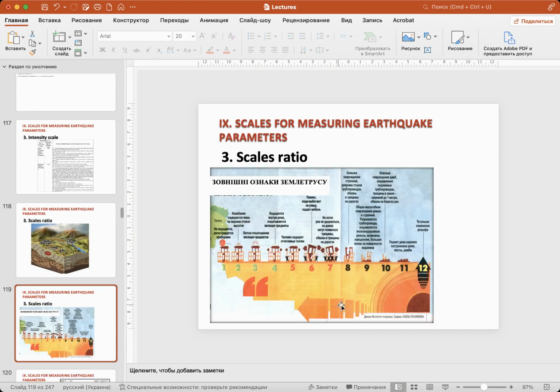These slides show us the situation better. For example, if we have magnitude 8 or even 9, in that case we will get all 12 intensities. For one certain magnitude, we will find all those intensities, because at the epicenter we will find total destruction.